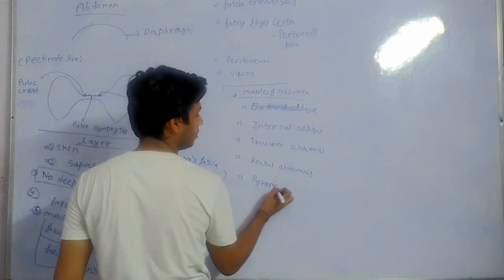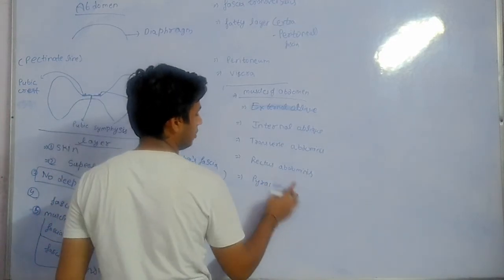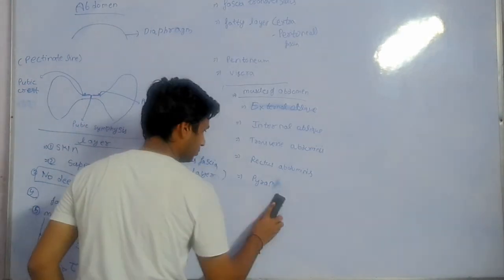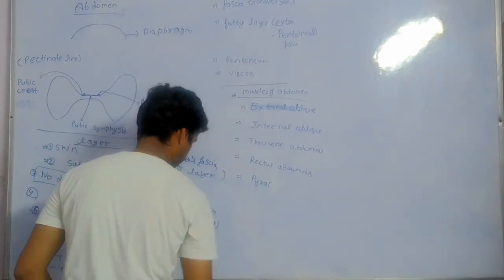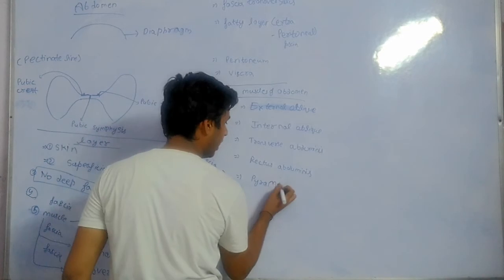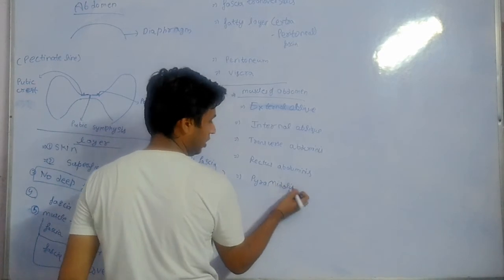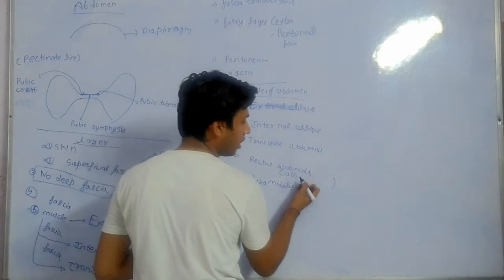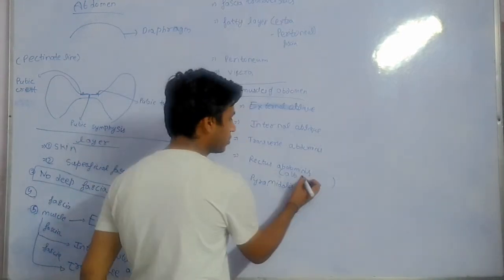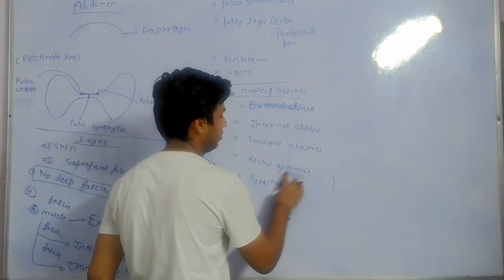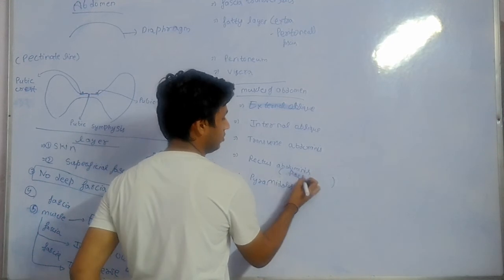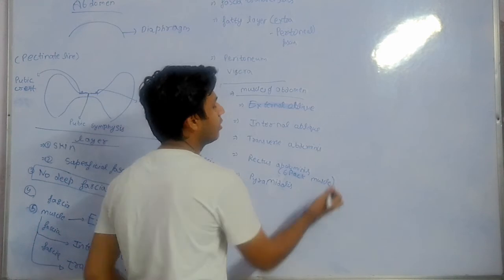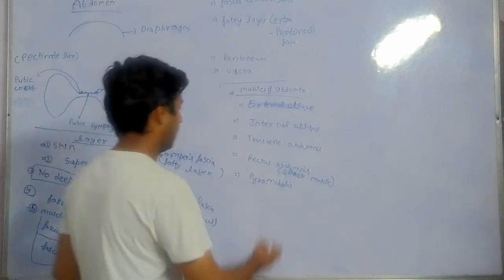Pyramidalis. This rectus abdominis is called abs muscle. Remember, abdomen has abs, 6 abs. So these are abs muscle, 6-pack muscle. These are more developed in bodybuilders, and then pyramidalis.